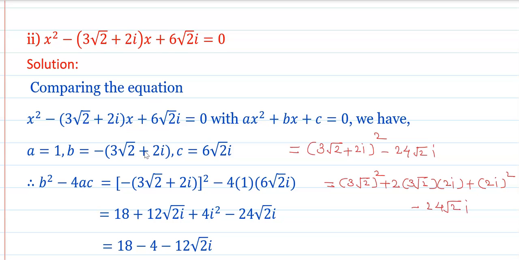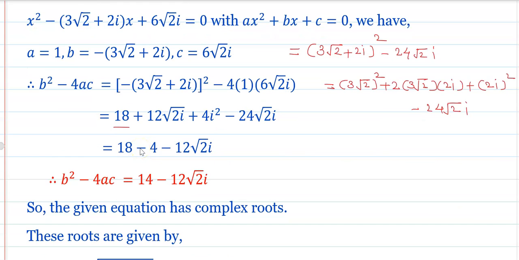The square of 3 root 2: the square of 3 is 9, 9 into 2 is 18, and that's why here is 18. Next is 3 into 2 is 6, 6 into 2 is 12, 12 root 2i. Okay, next is 4i square, and the multiplication is minus 24 root 2i.